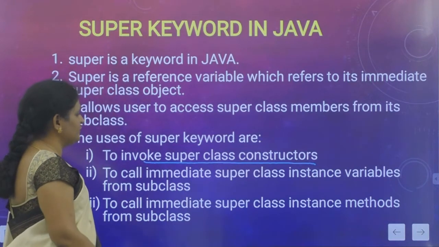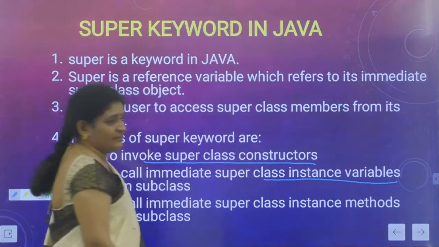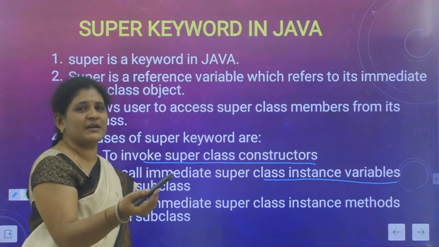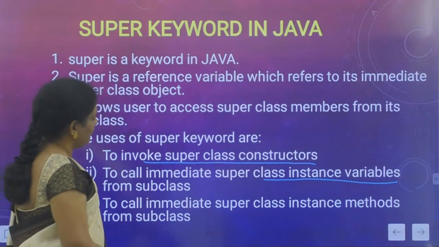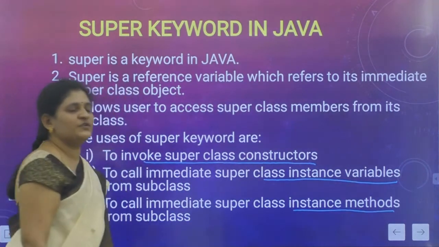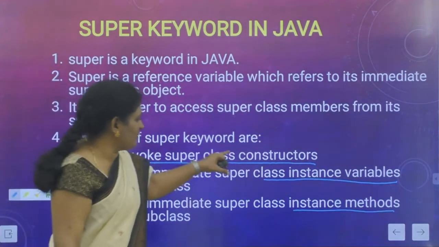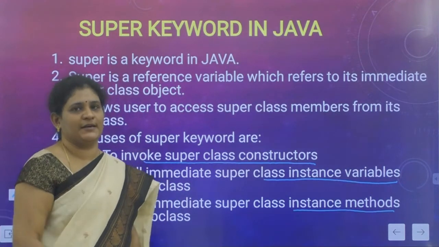The second one is to call immediate superclass instance variables. We can access the superclass instance variable by using the super keyword. The third one is, we can also access the superclass instance methods by using the super keyword. So these 3 are the members of the superclass we can access by using the super keyword.